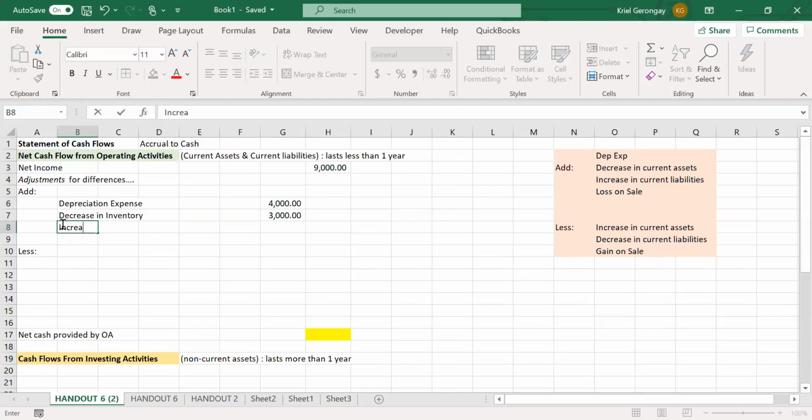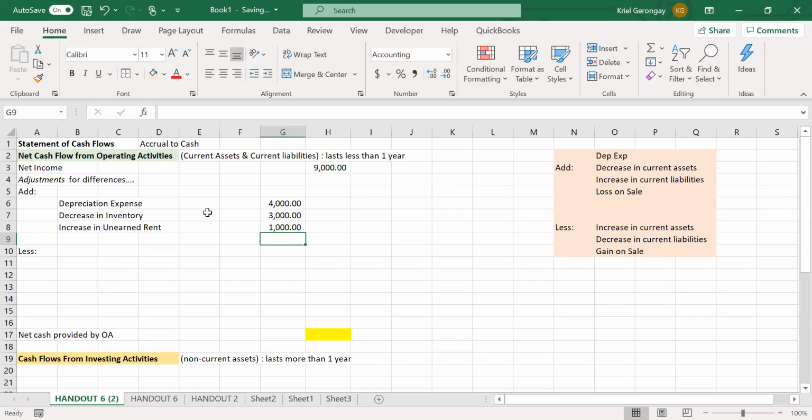So increase in unearned rent by 1,000. Right now we're just doing it step by step. I know we're skipping some of the accounts, but we're gonna go back to them after we finish this. And as far as current liability, that's it.